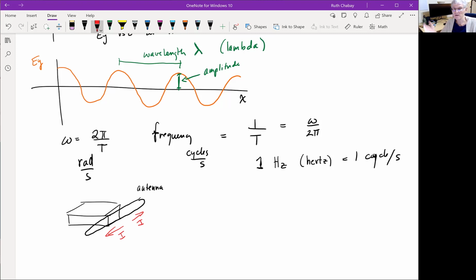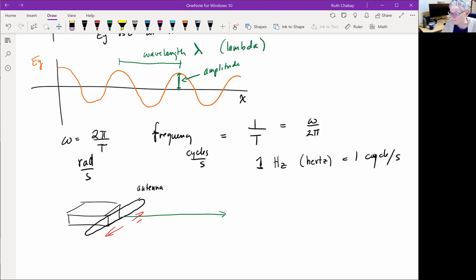So the electrons in that antenna are being accelerated sinusoidally, and they produce electromagnetic radiation, just like in that VPython program we saw. The strongest radiation comes off perpendicular to the direction of acceleration.